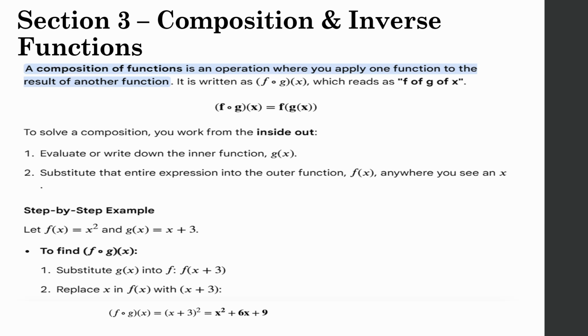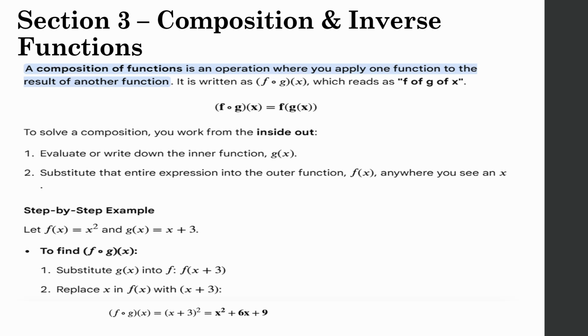To solve the composition, you work from inside out. That is, step 1, evaluate and write down the inner function g of x. Then substitute the entire expression into the outer function f of x anywhere you can see an x.